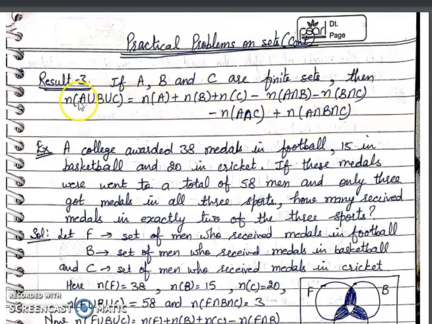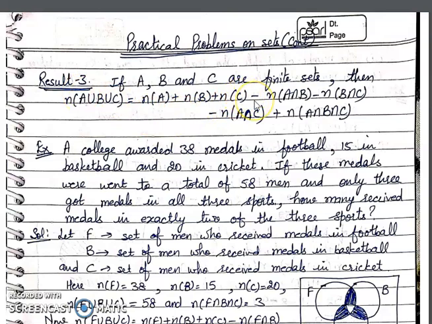Means if we want to find the number of elements in the union of three finite sets, the formula is the number of elements in one set each, A, B, C, minus the intersections of two of them: first A and B, then B and C, and then A and C.